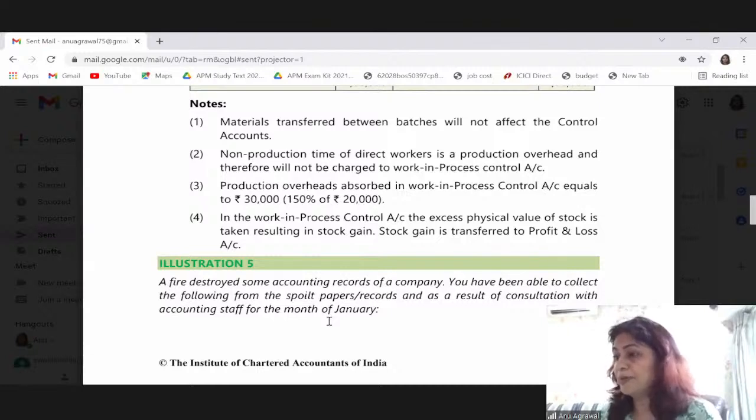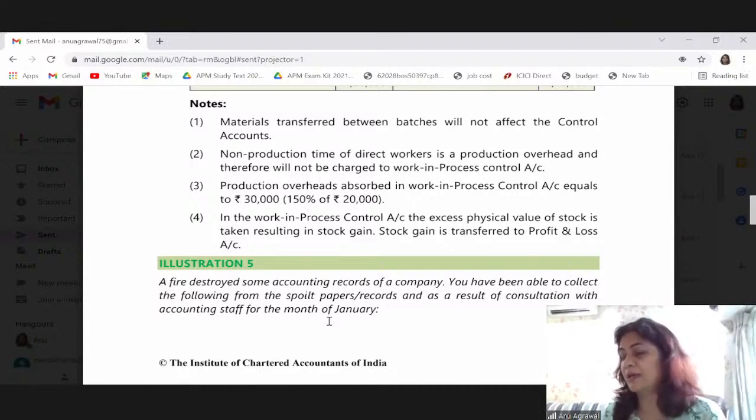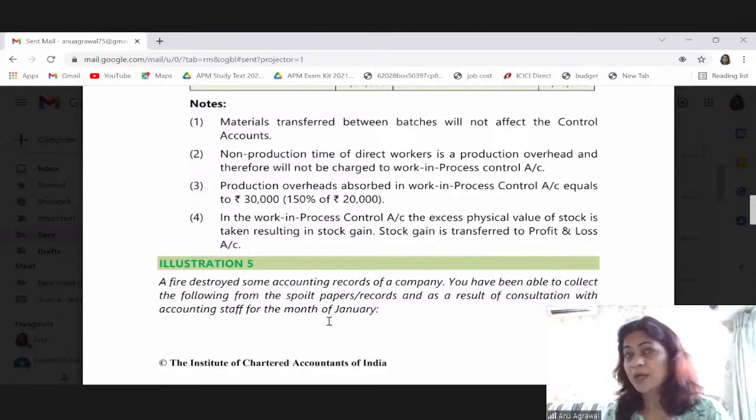There is a table made of idle time, and I only taught you employee costing. And if you remember there, Vivek, it was very clear that any kind of idle time which is acceptable is a part of production cost. Any idle time above our acceptance level will be treated as an overhead and charged to costing P&L account. So ICAI was very clear. It will be treated as overhead and charged to costing P&L account.